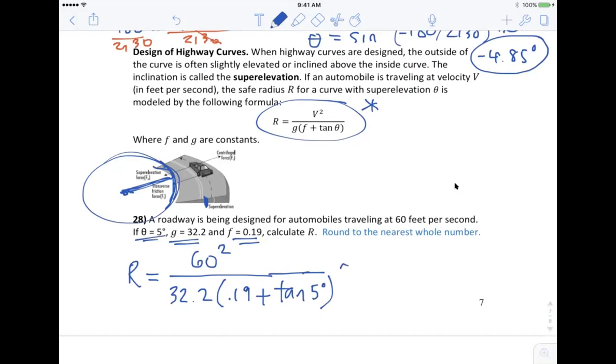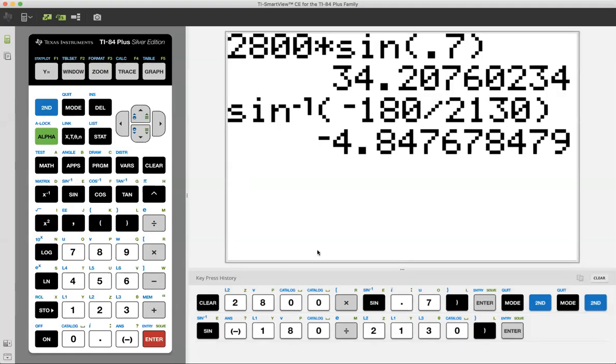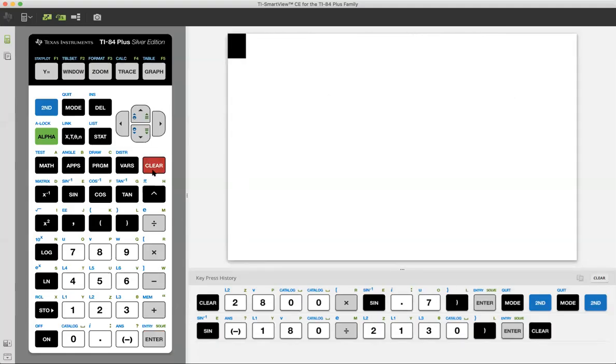And again, I can do this all at once in my calculator. Because there's a lot going on in the denominator, I would put an extra set of parentheses around the whole denominator when I type this in. I'll show you how I would type it into my calculator all at once. Let's clear this out and start fresh. I'm going to do 60 squared. There is an x squared button on my calculator.